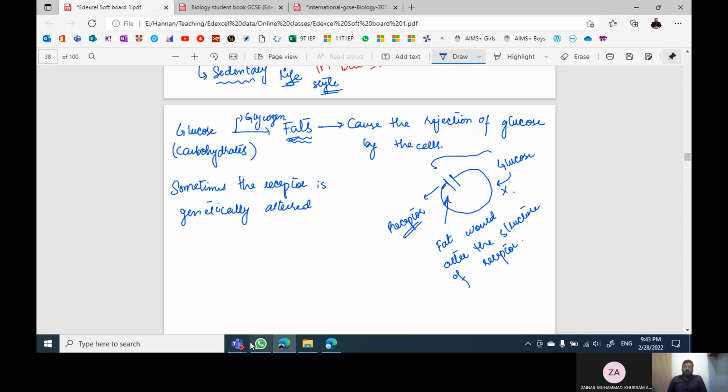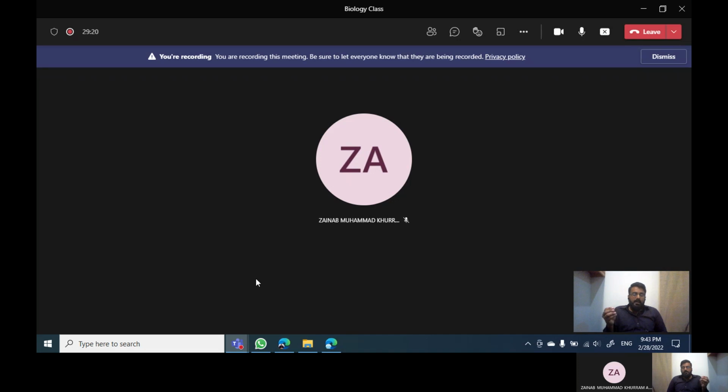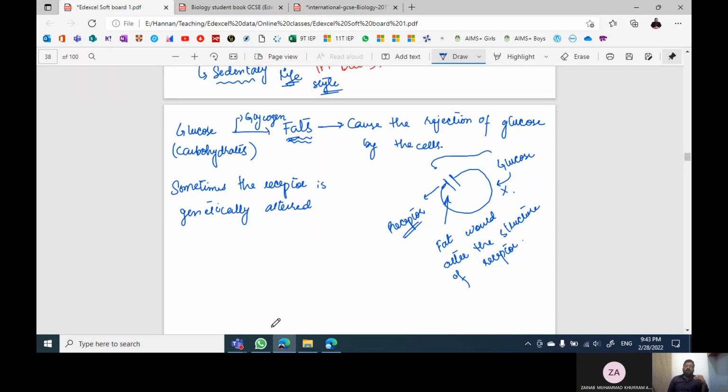So there are many types. All of the types which I am mentioning right now do not have anything to do with insulin. No matter what amount of insulin is in the blood, the problem is that the receptor is not proper. The door is shut, or the door is damaged. The glucose cannot pass that door, the receptor, so the glucose won't enter into the cell.